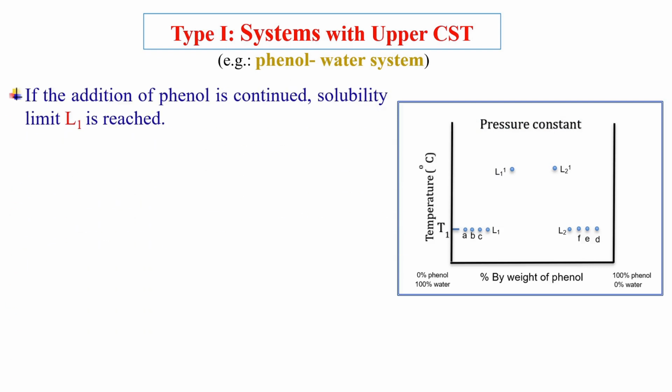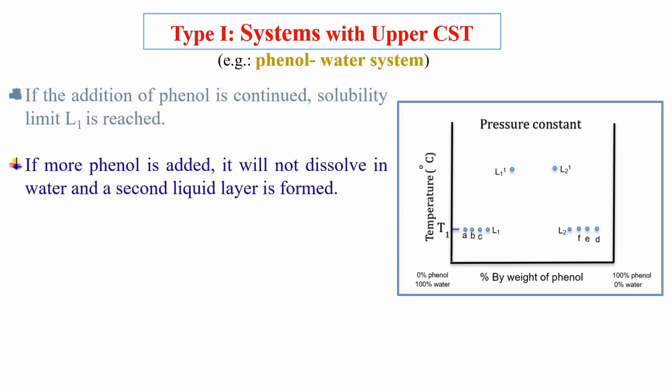If the addition of phenol is continued, solubility limit L1 is reached. If more phenol is added, it will not dissolve in water and a second liquid layer is formed. Similarly, the points D, E, F represent the composition of liquid mixture after addition of different amounts of water to phenol.